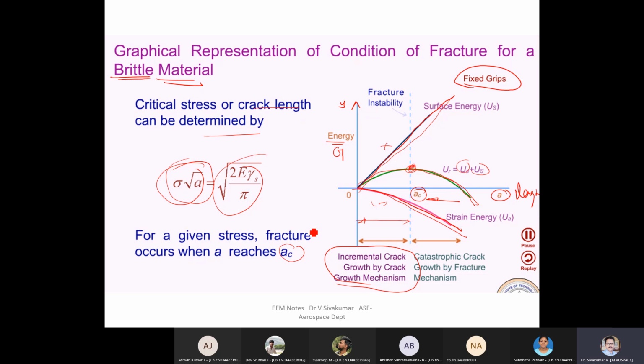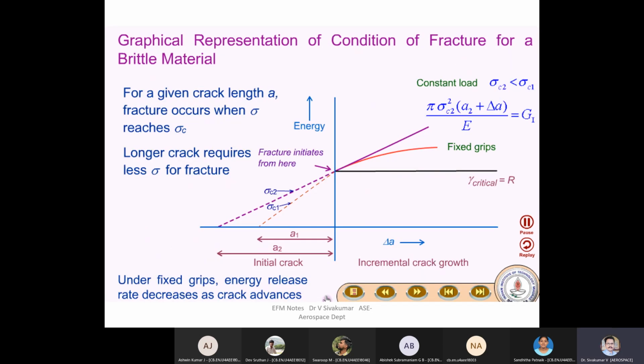That is the catastrophic nature of failure. This slide is very, very important: graphical representation of the condition of fracture for a brittle material.